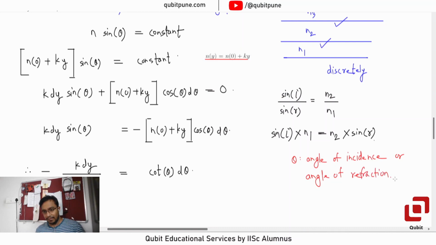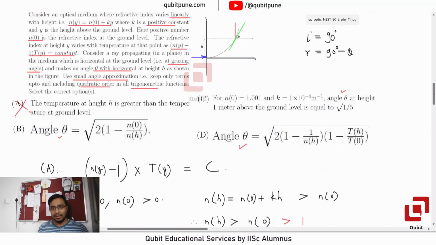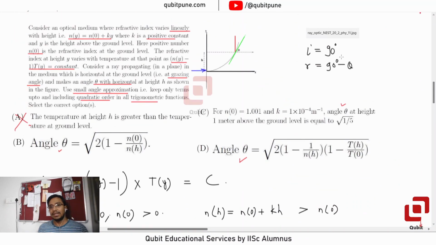But as we noted earlier in our examples, that is however not true. Rather, in the cases that we considered, at incidence and at the emergence, the angle of incidence is 90 degrees there, and the angle of refraction is 90 degrees minus theta.